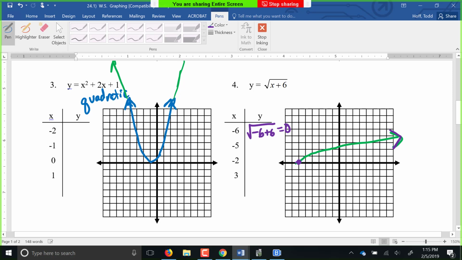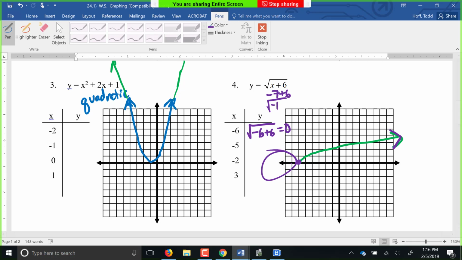Square root of 0, of course, is 0. If I kept going to the left side, if I put in negative 7, what's negative 7 plus 6? Negative 1. What's the square root of negative 1? Well, your calculator is going to say error, isn't it? We can't do the square root of negative 1.